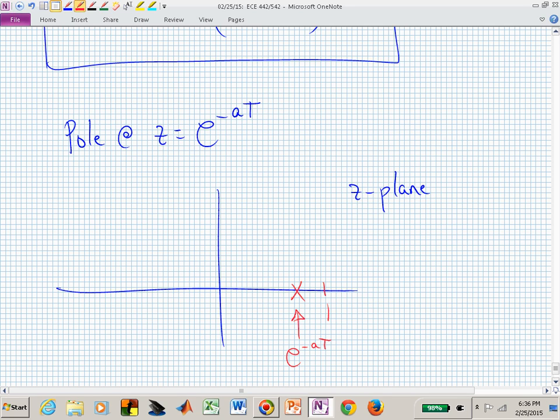Let's let capital T be 1/2. It's now 1 over the square root of e. Where is that relative to 0.37 and 1? Is it closer to 1 or further away from 1? Closer. So as we decrease our sampling period, our pole is going closer to 1.